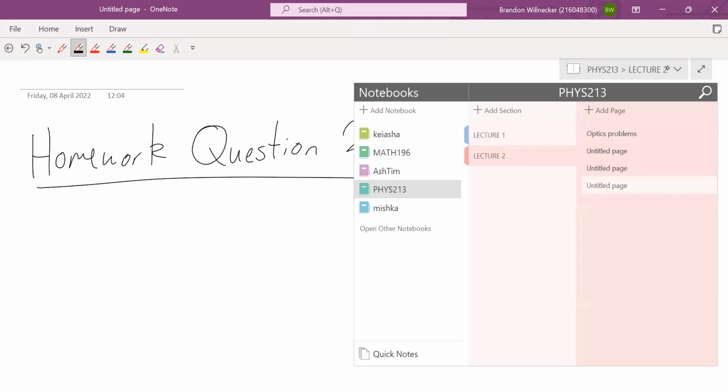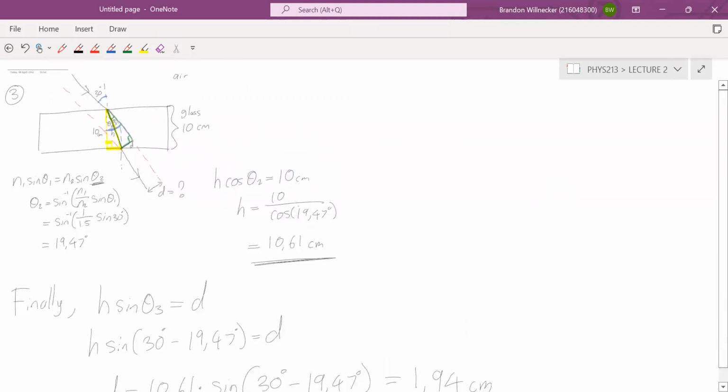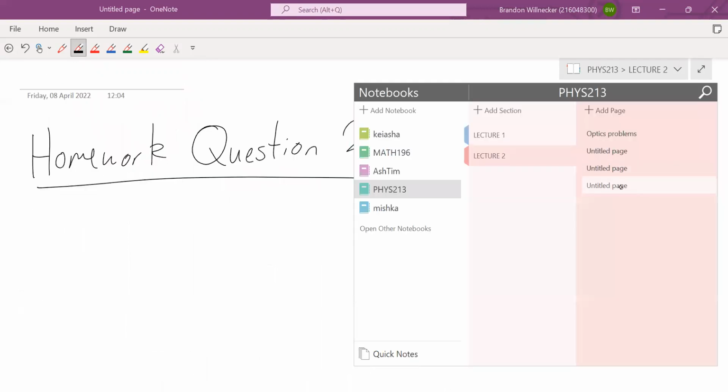So in this picture here, we had a fixed length L and a fixed incoming angle of 30 degrees. So the angle of incidence was 30 degrees. My question is, what happens if we change that angle? How is this shifting distance dependent on the angle of incidence?